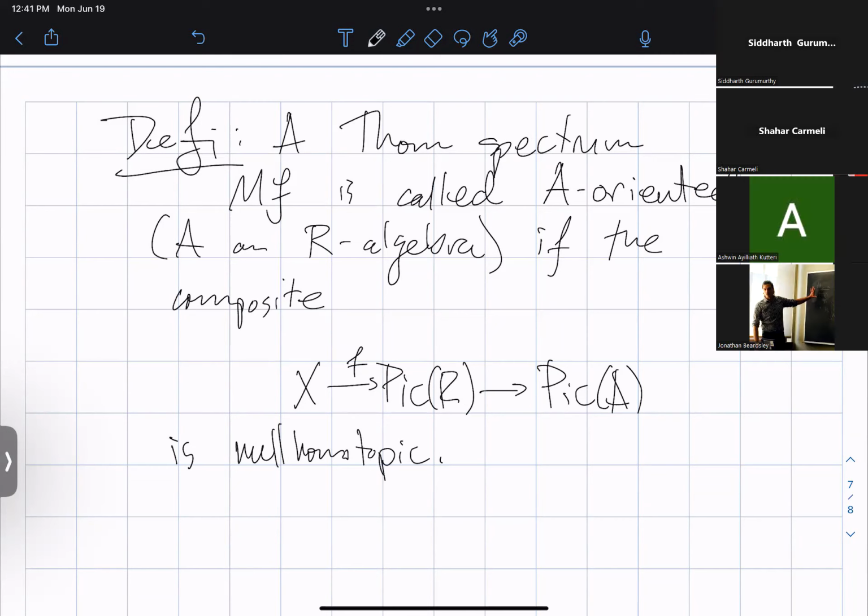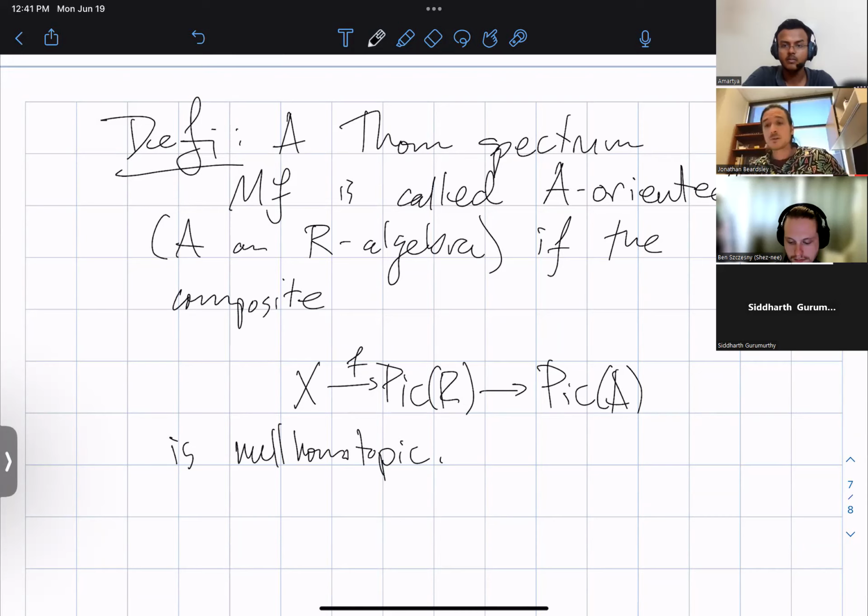So there are several definitions of being A-oriented. This is, I just think, sort of the simplest to state.